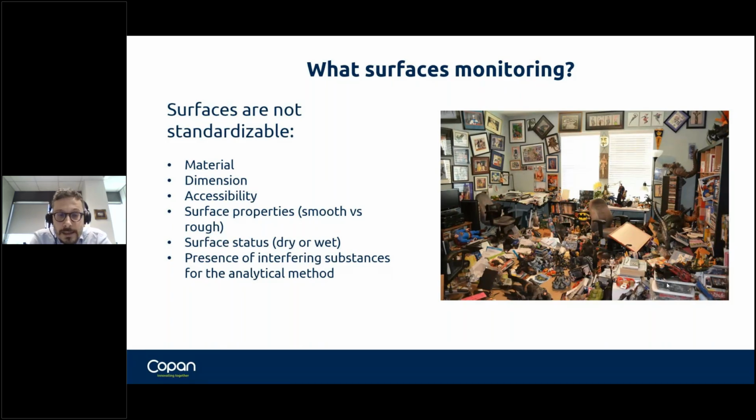And last but not least, on surfaces there may be substances that can interfere with the analytical method.